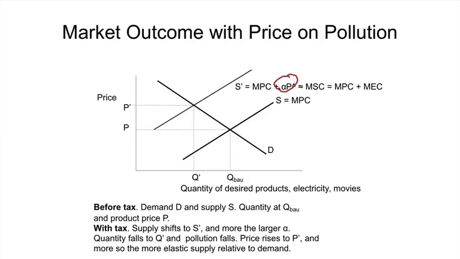So if we have a product that's very pollution intensive, we're going to get a big shift upwards in the pollution tax that's part of the product. If, on the other hand, we have a product that had very little or no pollution, the cost increase would be just a very little bit.